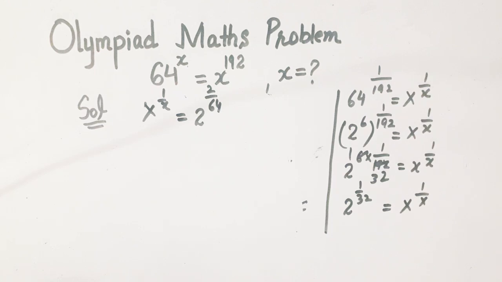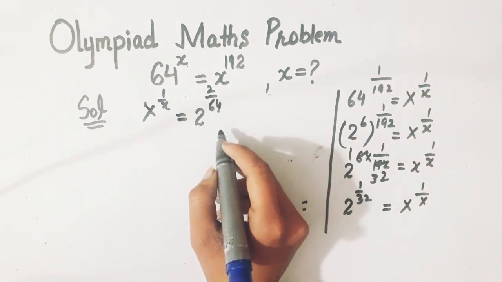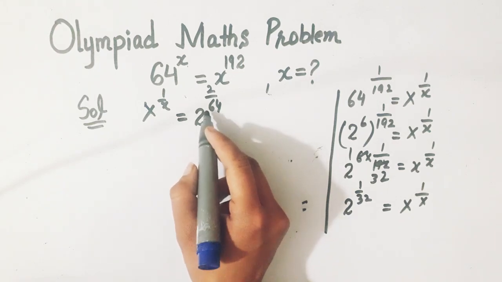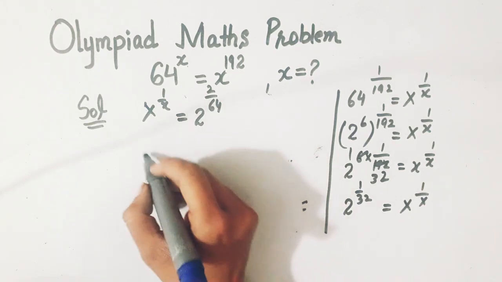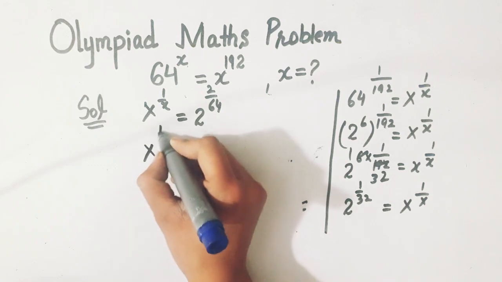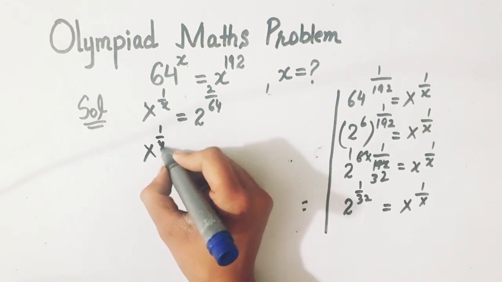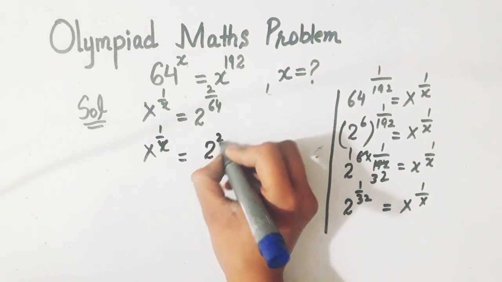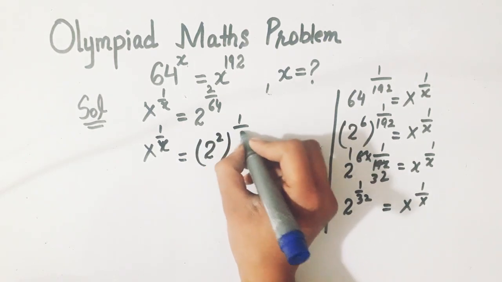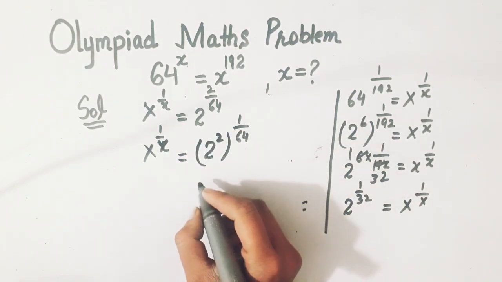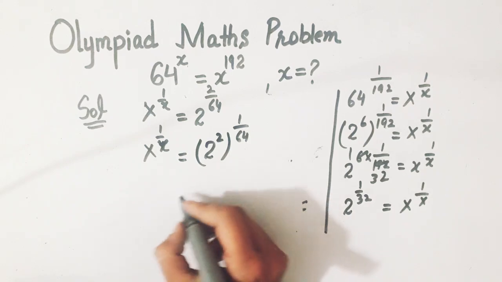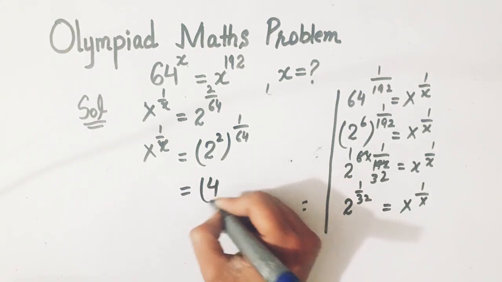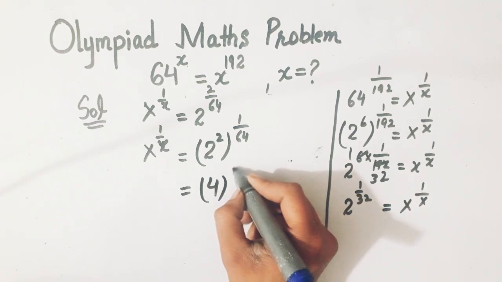We solve this further as a square. So x power 1 over x equals 2 power 2 and 1 by 64. 2 power 2 is 4, so 4 power 1 by 64.